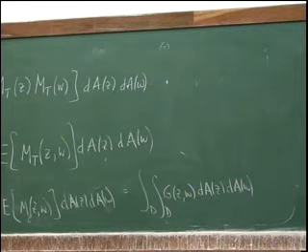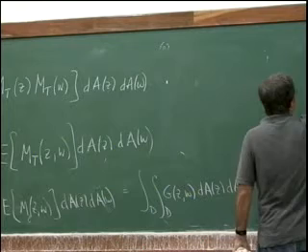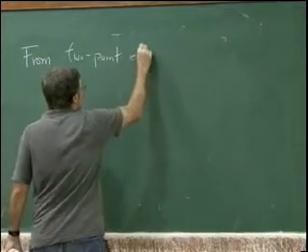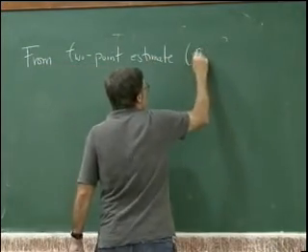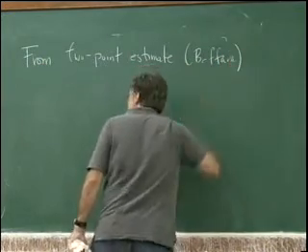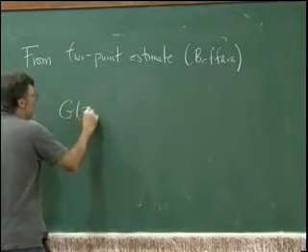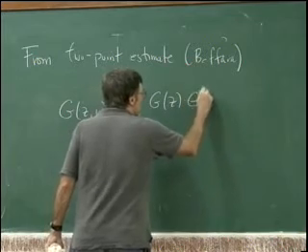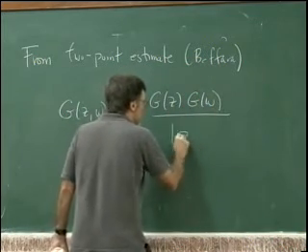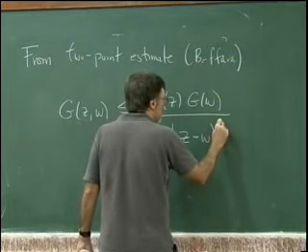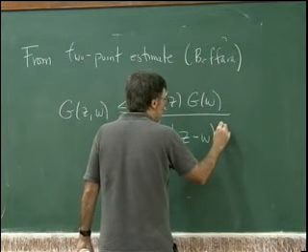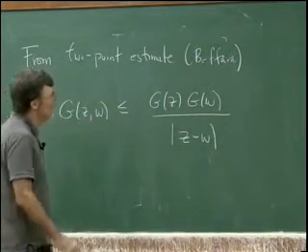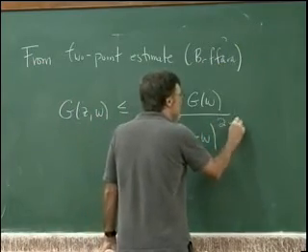And actually, I'll just say from the 2-point estimate of yesterday, which I'll remind you is the 2-point estimate that Vincent did in his paper, you can actually show relatively easily that G(Z,W) is less than or equal to G(Z) G(W) over |Z minus W| to the 2 minus d.